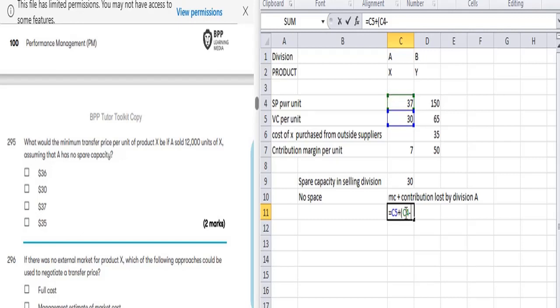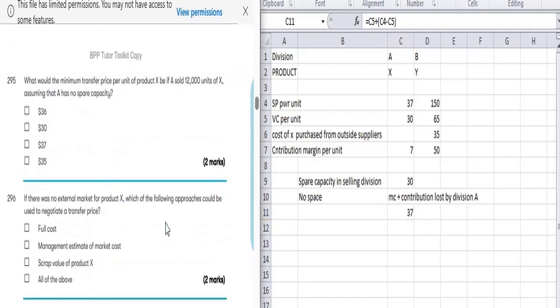We subtract all the variable cost related to the product, again 30. So the minimum transfer price for product X will be 37 when the company has no spare capacity.